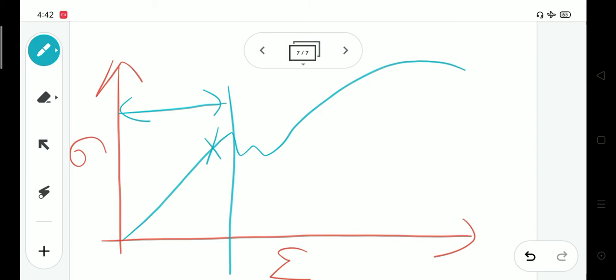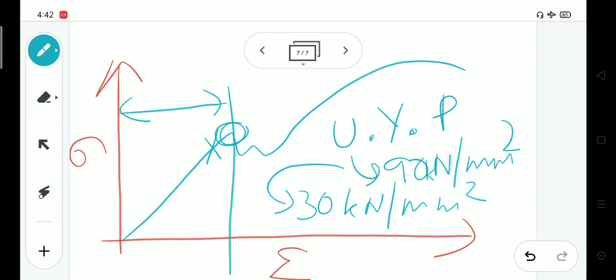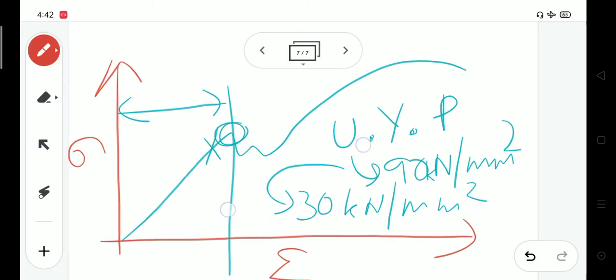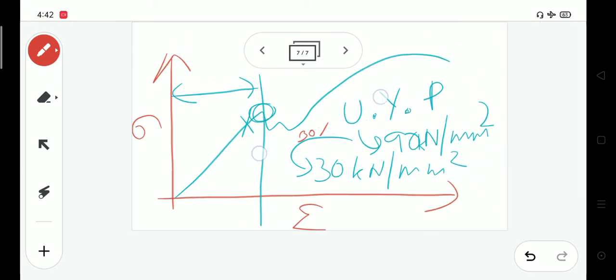That means if the upper yield point is 90 kilonewton per millimeter square, then 30% is 30 kilonewton per millimeter square. Let me tell you, this is 30%.